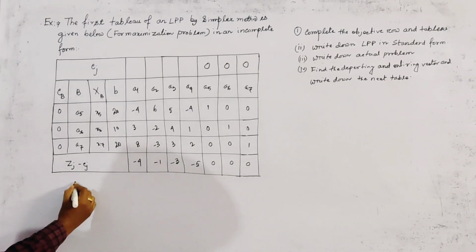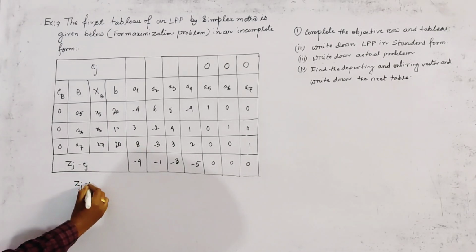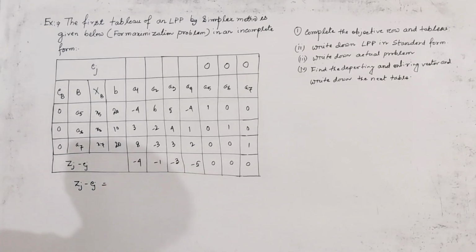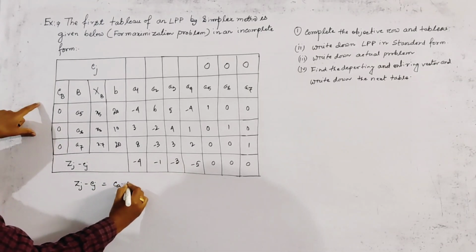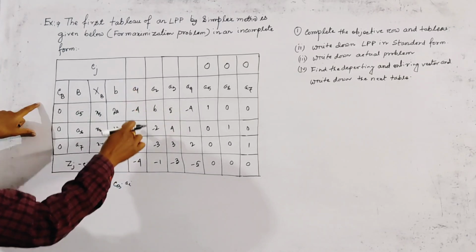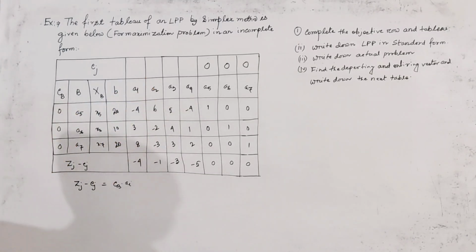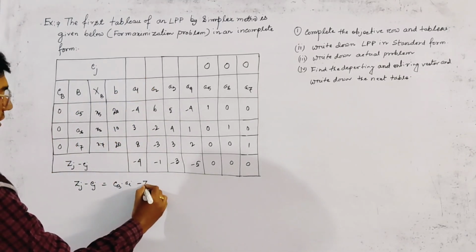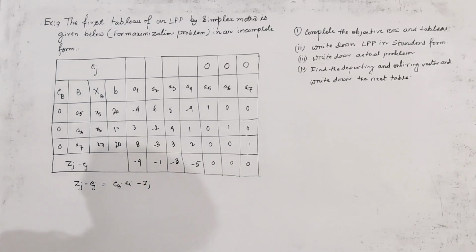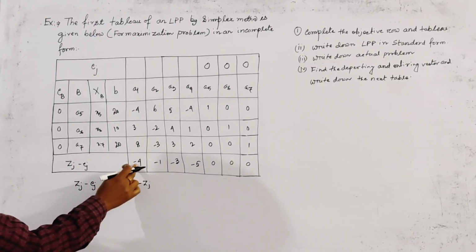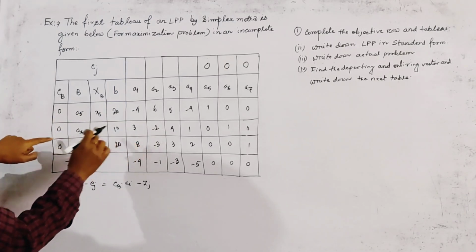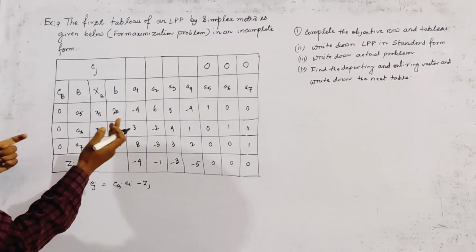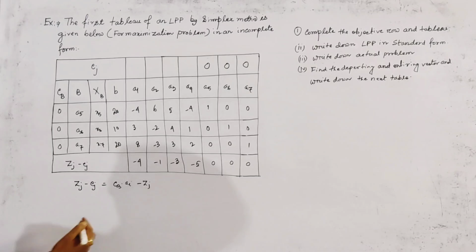Since we know that Zj minus Cj, where Zj is Cb dot Ai, Ai meaning this vector. Now for the first column it is 0 into -4 plus 0 into -3 plus 0 into 8. This is obviously 0.